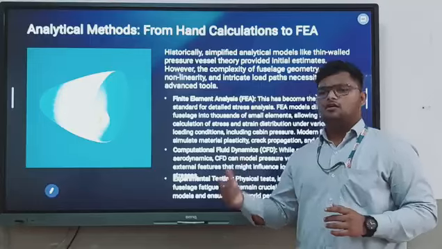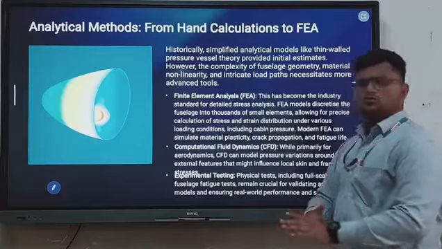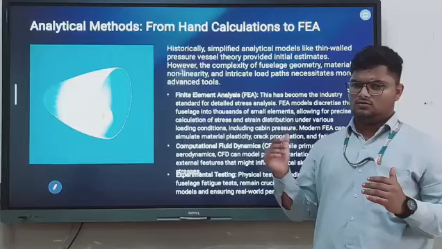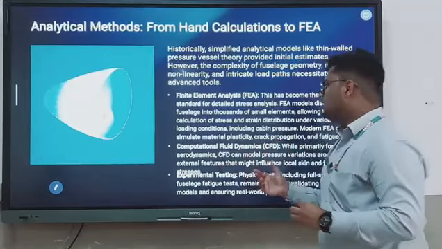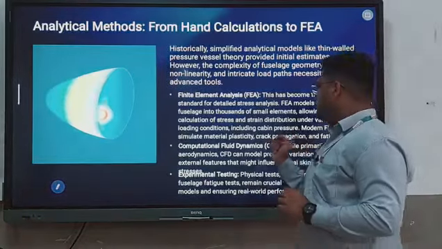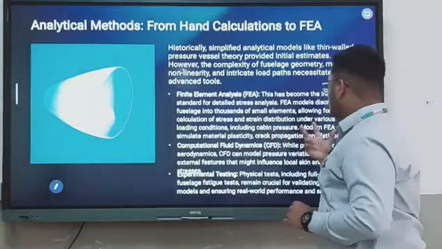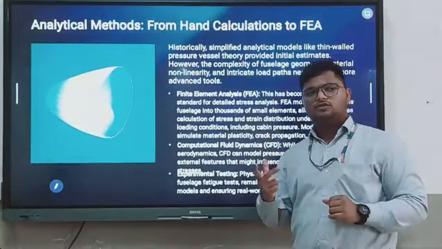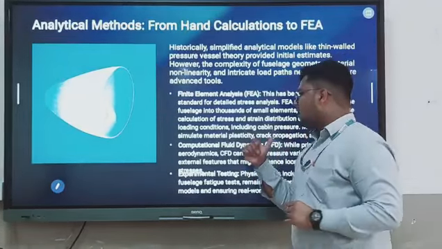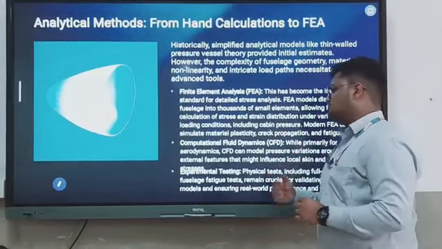Every industry right now is using FEA to calculate the stresses and the loads that are experienced by the fuselage and cabin, and it also gives us very precise calculation of loads and stresses. FEA can simulate material plasticity, crack propagation, and fatigue also.